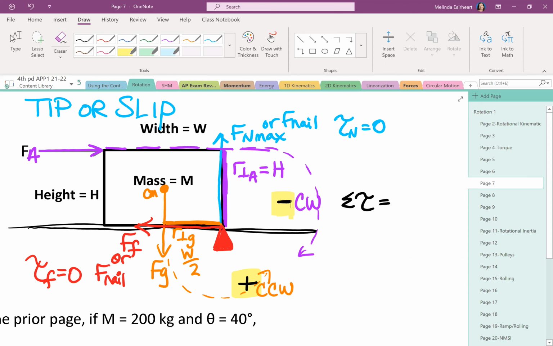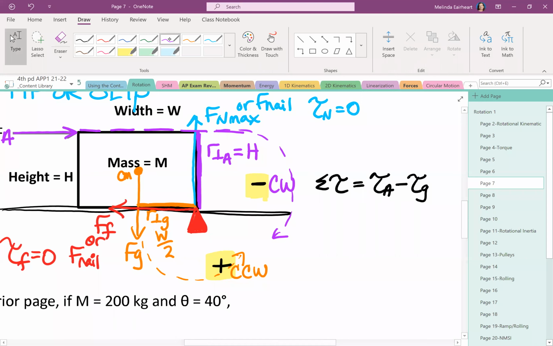Okay. And so net torque would be the torque done by your applied force minus the torque done by gravity. And so we'll keep those going. Torque applied would be your applied force times its lever arm, H, minus mg, the gravitational force.